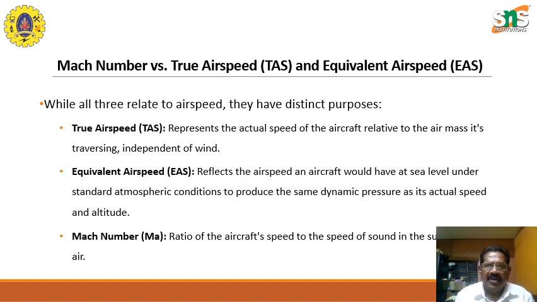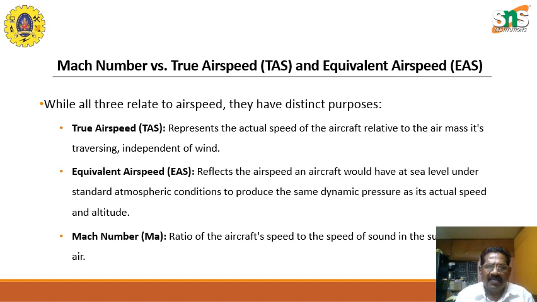The difference between Mach number, the true airspeed and the equivalent airspeed is given here. While all three relate to airspeed, they have distinct purposes. The true airspeed represents the actual speed of the aircraft relative to the air mass it is traversing, independent of the wind.